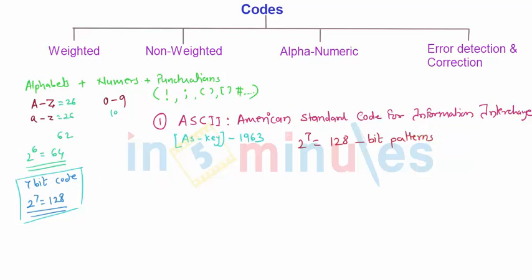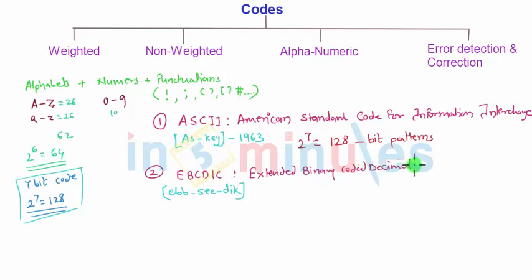Another alphanumeric code is called EBCDIC, pronounced as EBCDIC. It stands for Extended Binary Coded Decimal Interchange Code. This was developed by the company IBM, and it employs an 8-bit code.